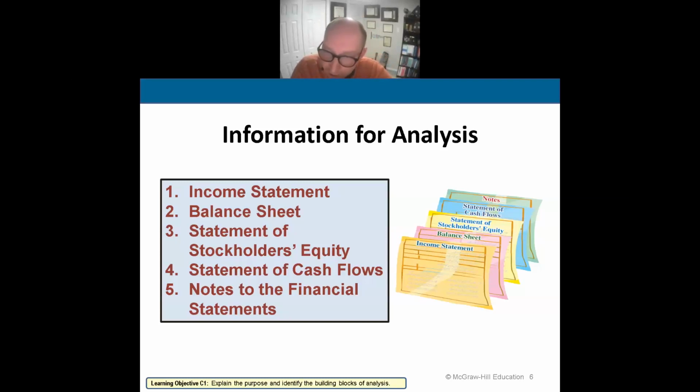The balance sheet, as you recall, has the accounting equation. Assets equals liabilities plus equity is the accounting equation, and that is found on the balance sheet.